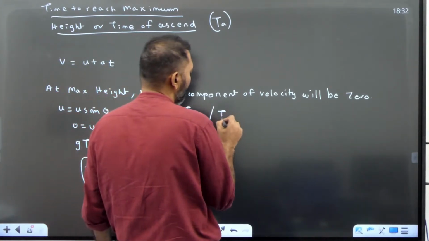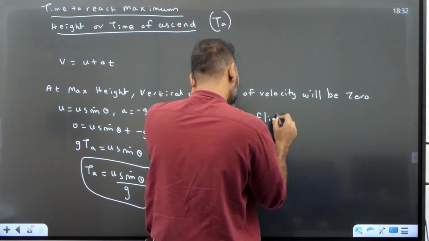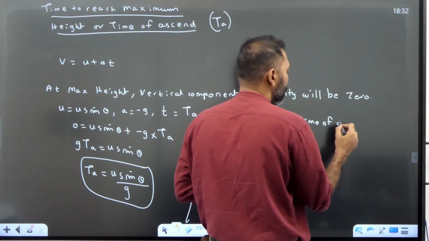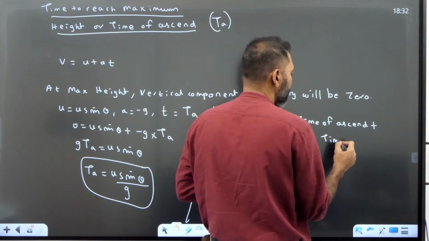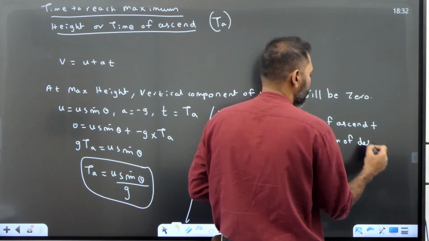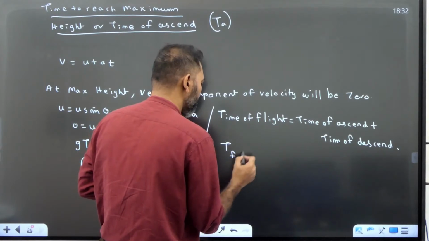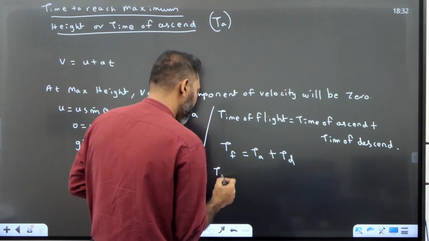Remember, time of flight is equal to time of ascent plus time of descent. So time of flight is equal to t suffix a plus t suffix d. What is time of descent?